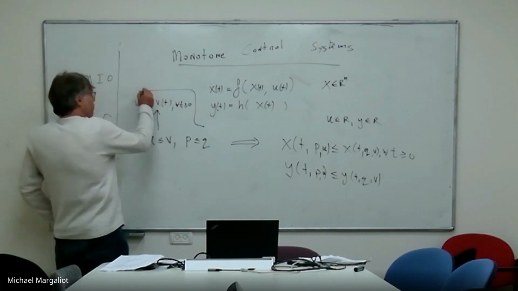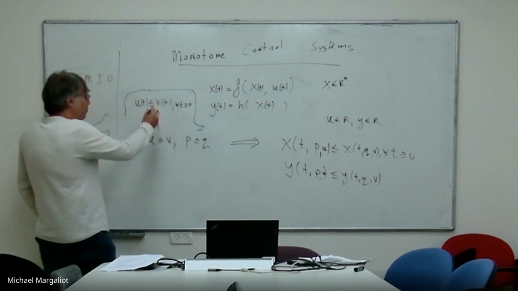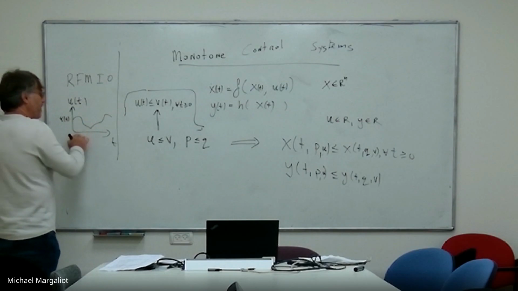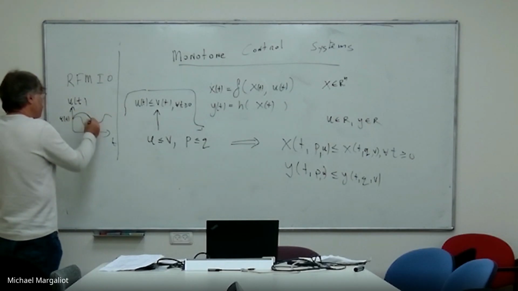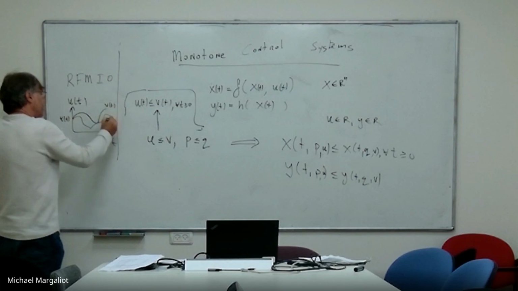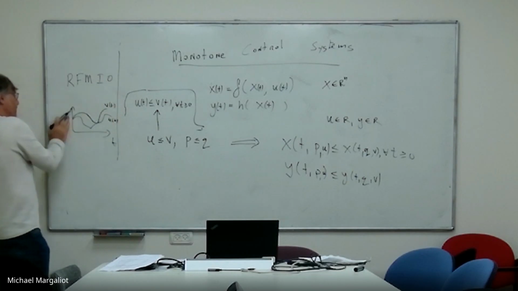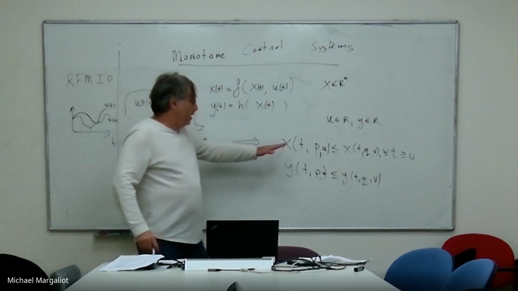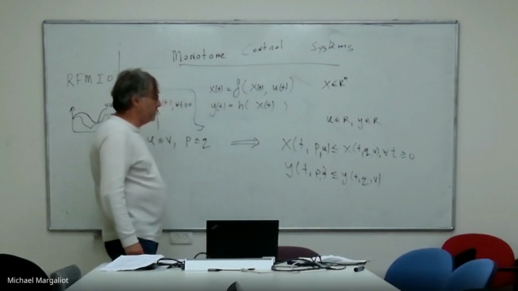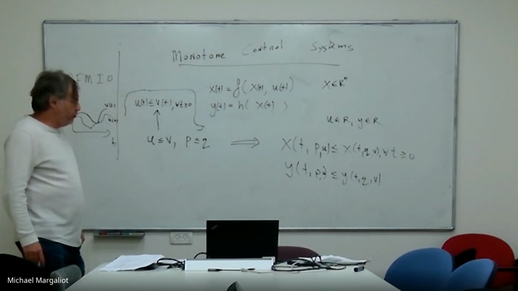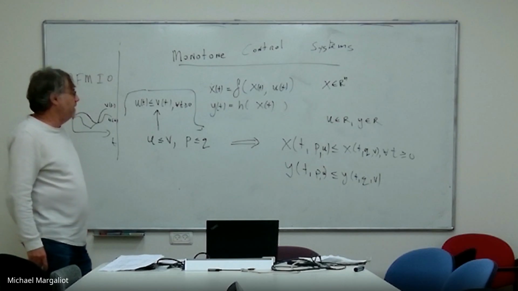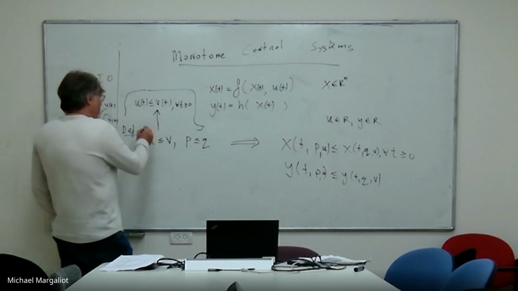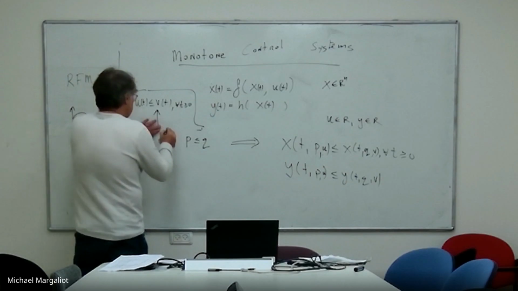We say that U is smaller or equal to V if this holds for any time t. So U is all the time smaller or equal to V. Then the controls are ordered, the initial conditions are ordered, and we expect the solutions, the state variables, to be ordered, and the outputs to be ordered, and then we say, so this is the definition of a monotone control system.